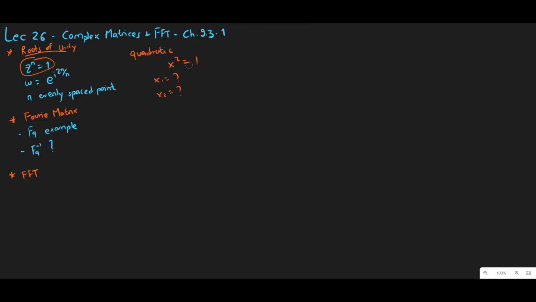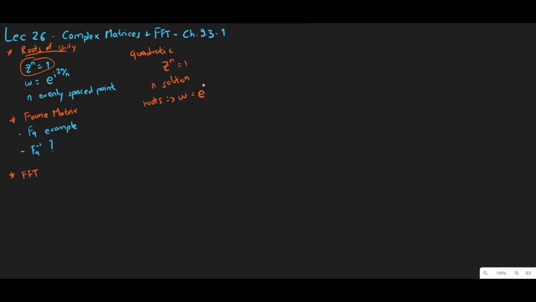So in case I have z to the n equals 1, then I must have n solutions. I mean n solutions to this equation. And those solutions, the roots, are defined by this equation.